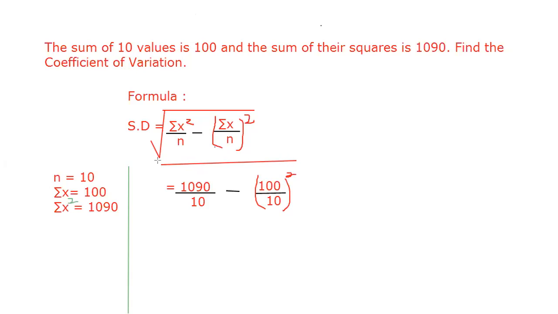So 1090 divided by 10 is 109, minus, 100 divided by 10 is 10, and 10 square is 100, right?